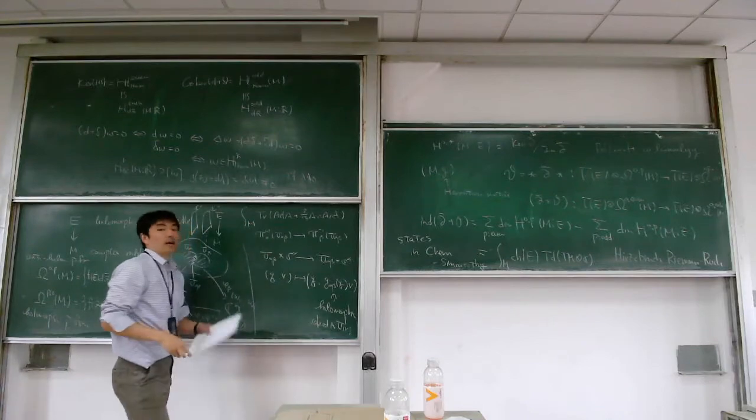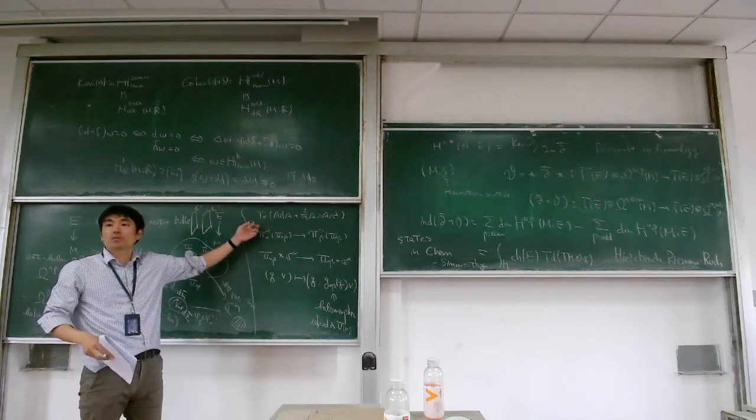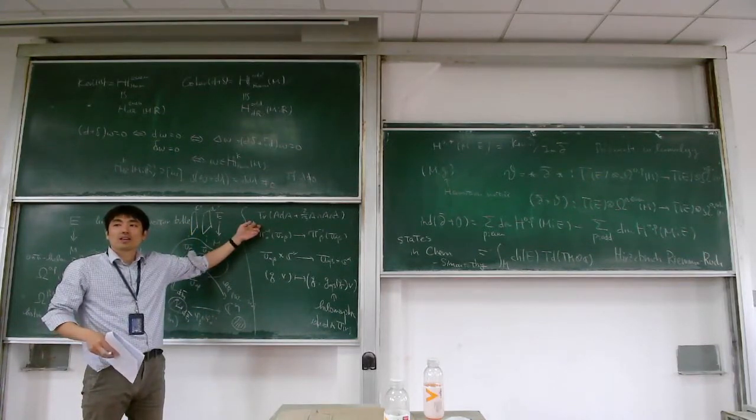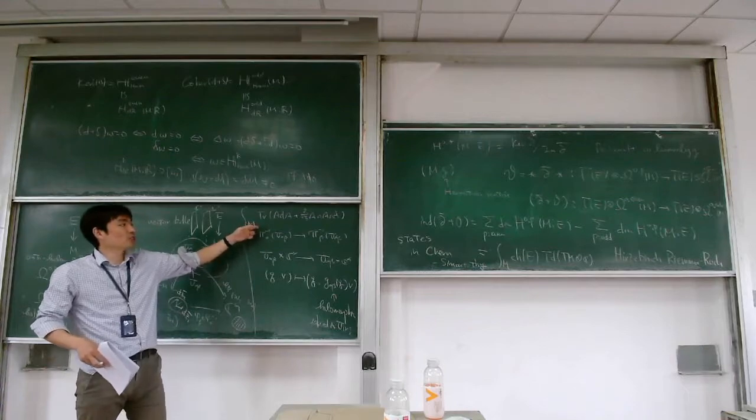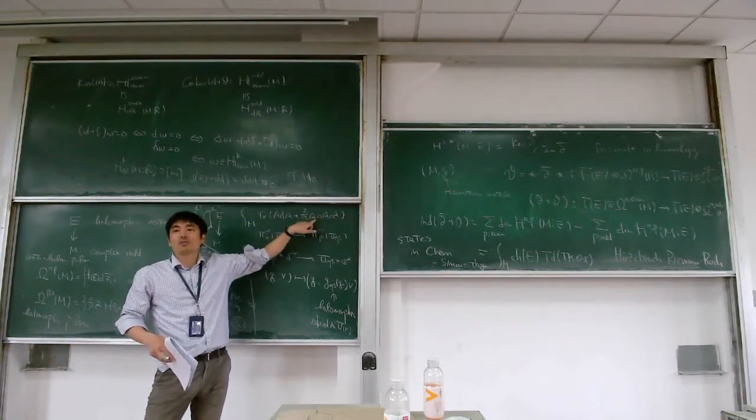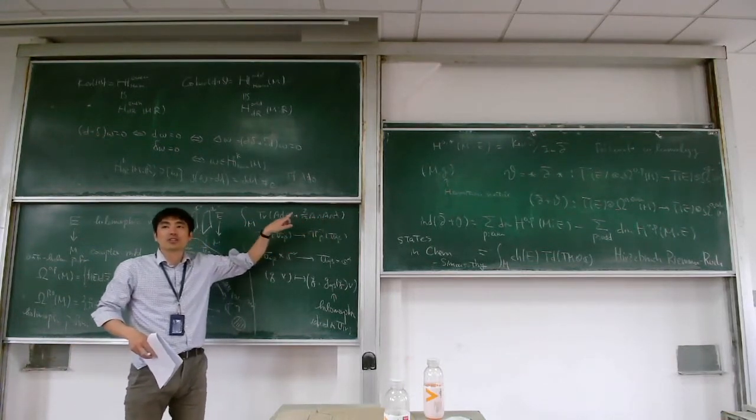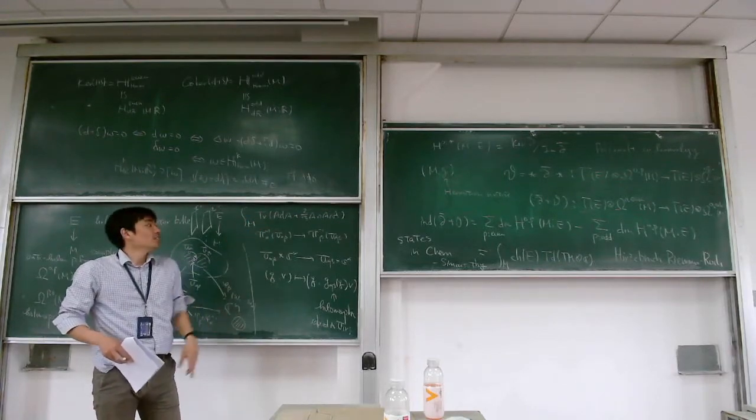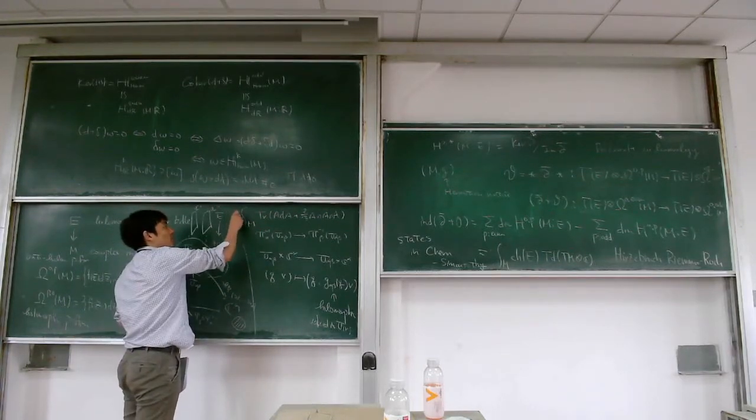So M has to be which dimension? It should be 3-dimensional. It's a 3-form, A is a 1-form, so it's a 3-dimensional manifold. So this is called the Chern-Simons action.